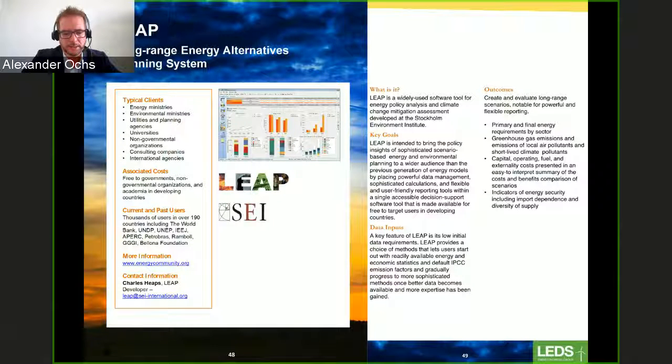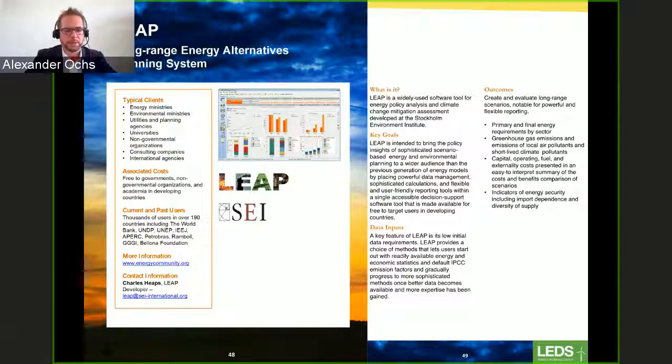It has predominantly been used at the national level, but we believe it has also been used at the city level already in a number of cities, in Massachusetts and California, as well as in Mexico City and in Bangkok.